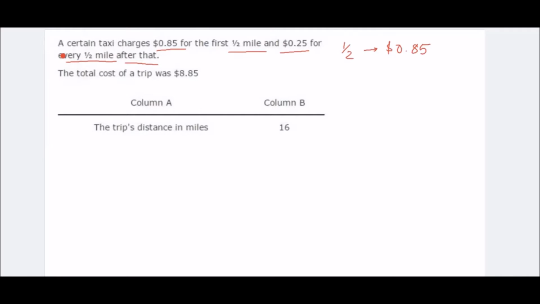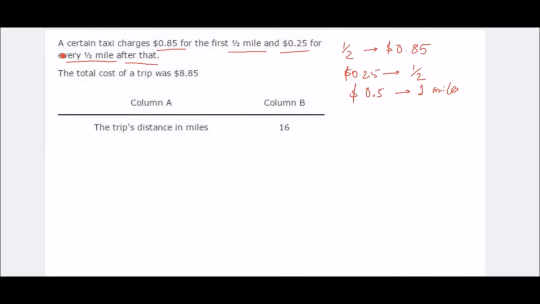And after the half mile they charge $0.25 for each half mile. So that means $0.5 for 1 mile, right? So that will be the charge.